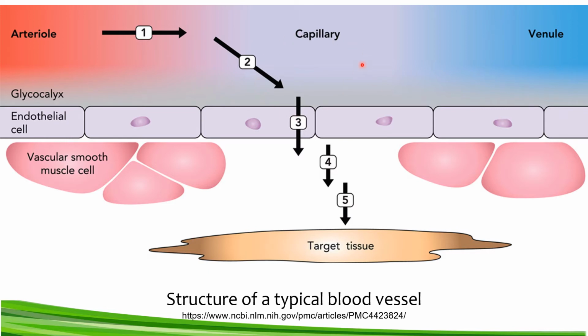As you can see here, the capillaries do not contain vascular smooth muscle, so they are considered to be the major site for the exchange of nutrients, hormones, gases, and macromolecules. So from the bloodstream, the hormones can pass through the blood vessel, particularly the capillaries, to reach their target tissue containing the receptor for that particular hormone.